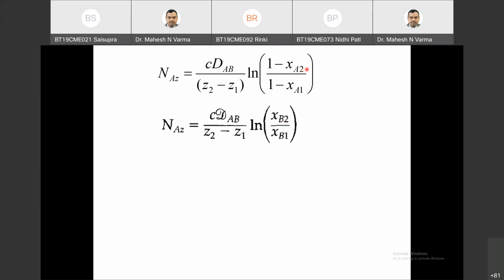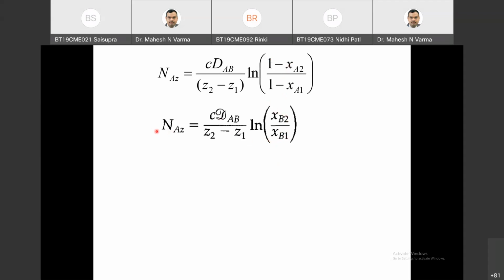Because this is a binary system, the total mole fraction XA2 plus XB2 will be equal to 1. So 1 minus XA2 equals XB2, and similarly 1 minus XA1 equals XB1. So instead of writing 1 minus XA, we can simply write in terms of XB.